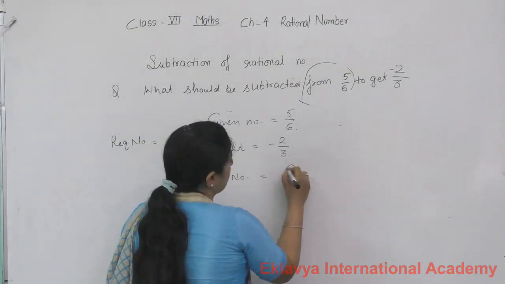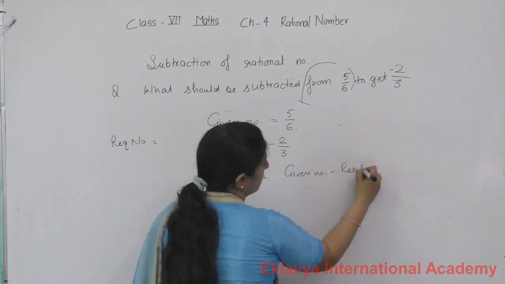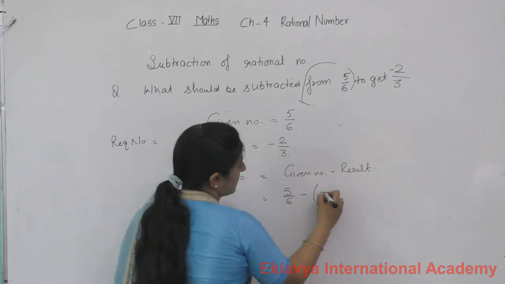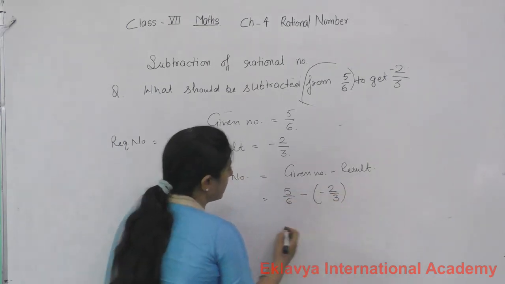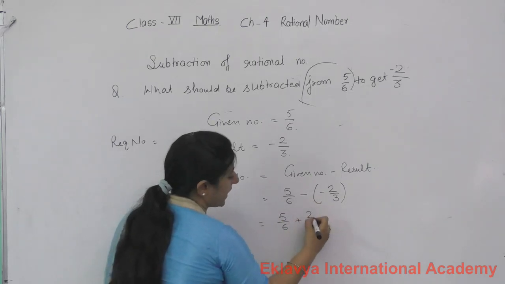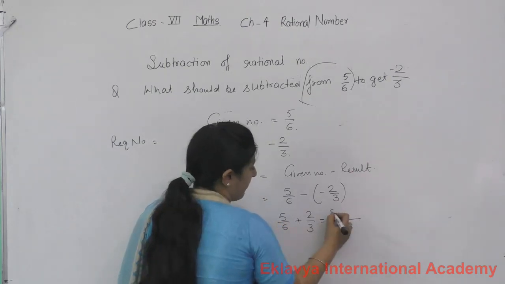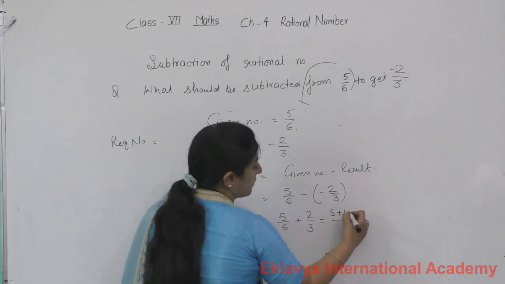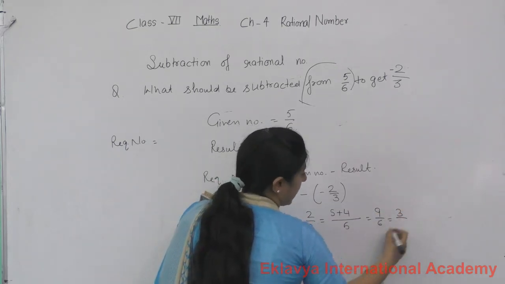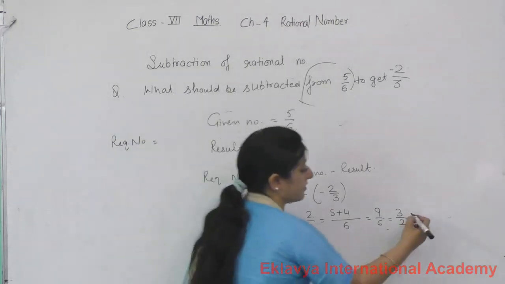That is given number minus result. Given number 5 by 6 minus result, minus 2 by 3. 5 by 6 minus minus, plus 2 by 3. Take LCM: 5 plus 3 twos are 6, 2 twos are 4, that is 9 by 6, that is 3 by 2. This is our answer.